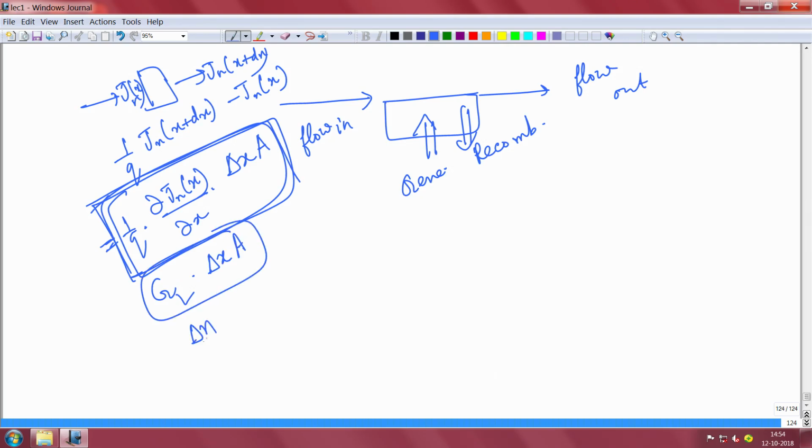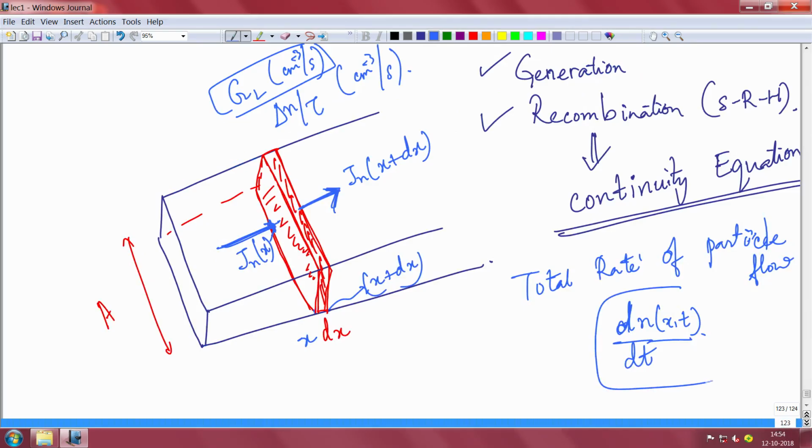And delta n by tau is the recombination, the carriers lost because of recombination, times delta x into A, which gives you the total recombination rate. So if you look at the previous slide, the total rate of particle flow is given by particle flow out minus particle flow in, plus generation minus recombination.